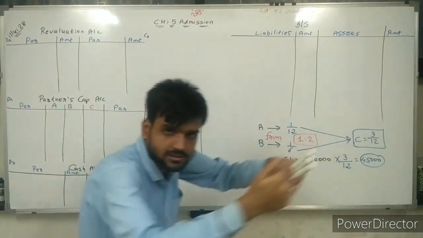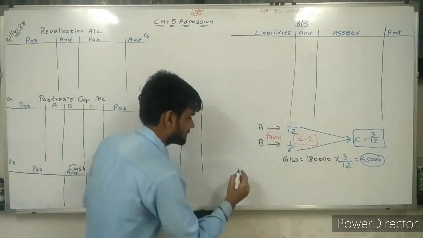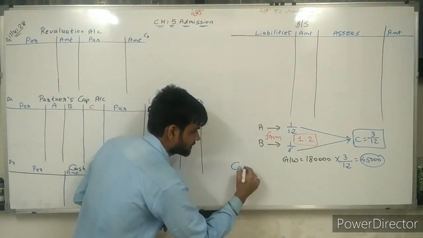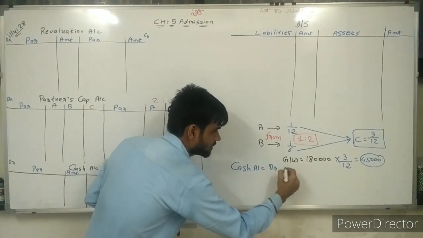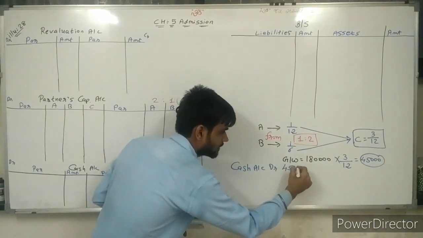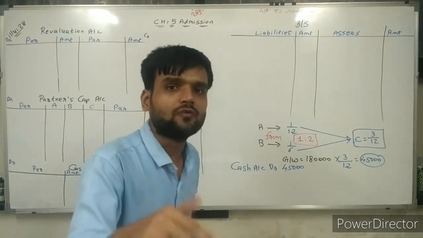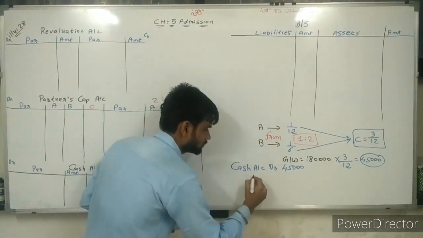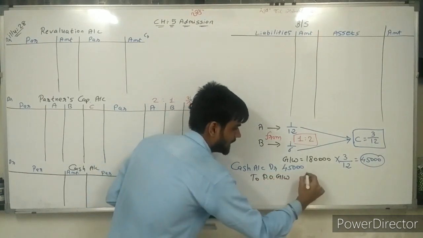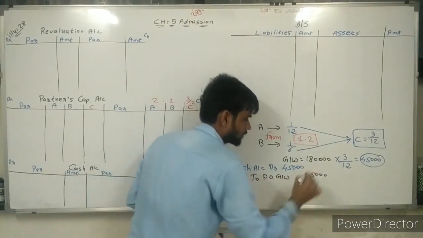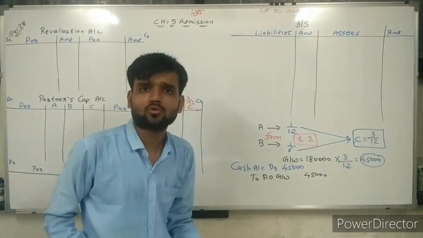Now think again. Money comes in, so the cash account is debited. So I am writing the journal entry. Cash account debit 45,000. Now this amount is for what? To premium of goodwill 45,000. Simple. You know that from the last lectures also.